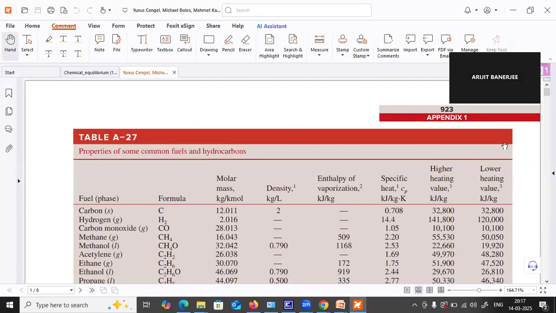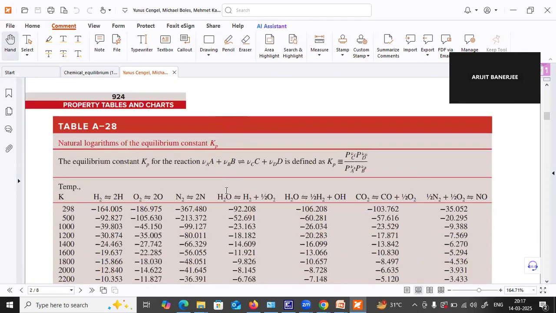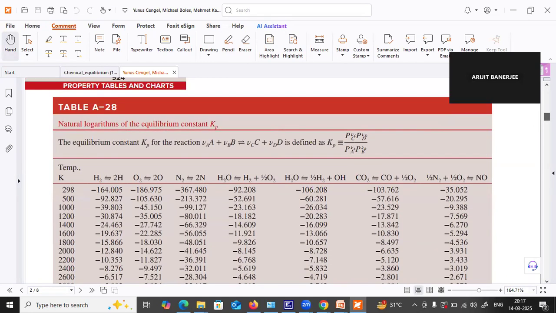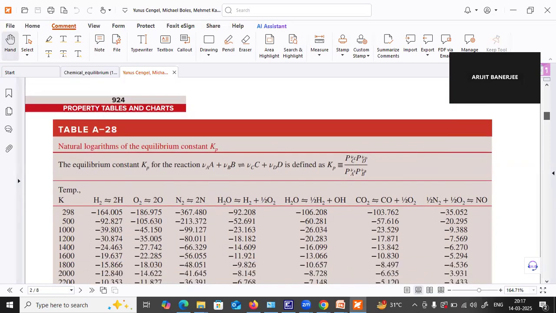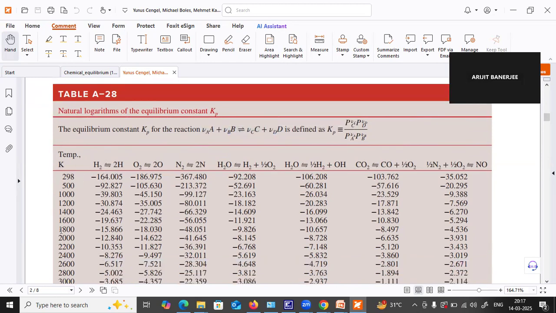Now try to see that this is a table for the equilibrium constant. I am just showing it from the book by Cengel and Boles, I think the 9th edition, page number 924. Here it is written for a general reaction A plus B giving C plus D, and it is tabulated for different reactions and different temperatures.